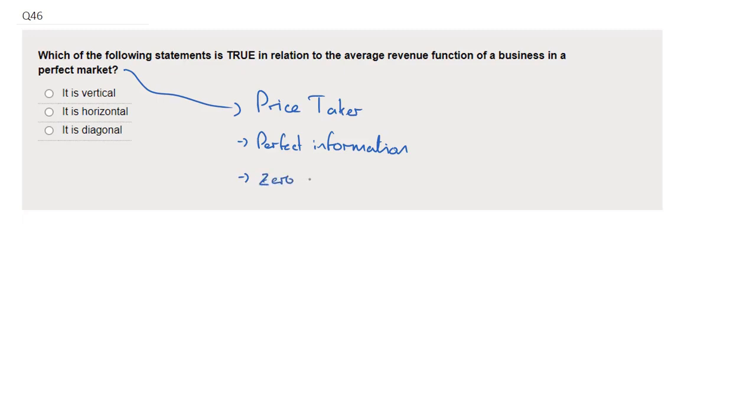There are zero barriers to entry, and we have identical or homogeneous products. But it's this point which really helps me answer the question.